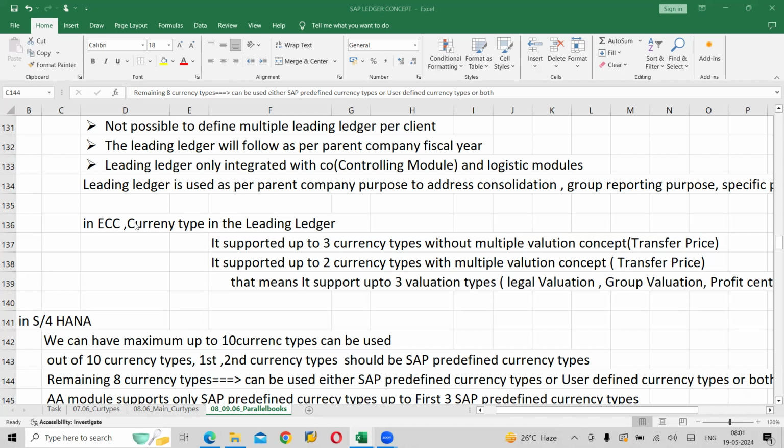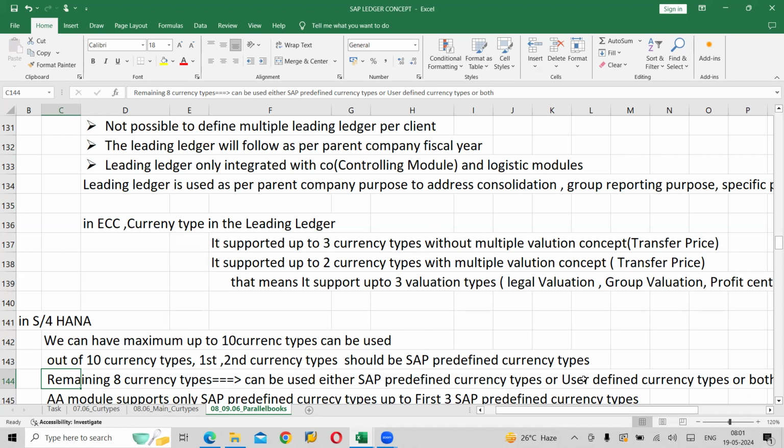I'm sorry. Okay, 10 currency types we can use, first and second currency fixed. And out of the remaining 8 currency types, we can use either SAP predefined currency types, or user defined currency types.